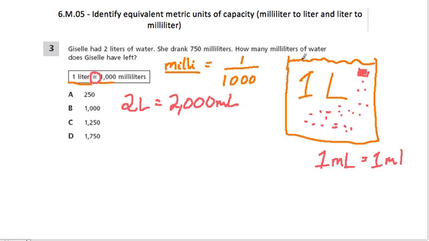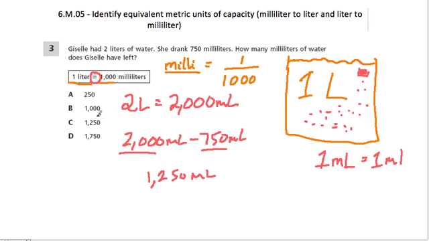How many milliliters of water does Giselle have left? Well, she had 2,000 milliliters, and then she drank 750 of those. What's left over? Well, 2,000 minus 750 is 1,250. That's how many milliliters are left for Giselle.